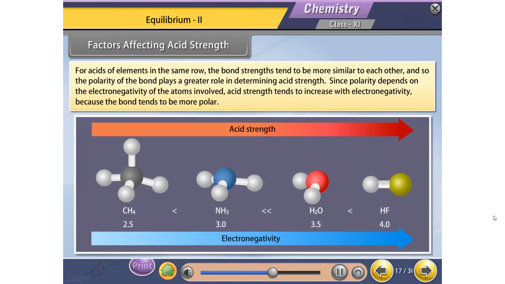For acids of elements in the same row, the bond strengths tend to be more similar, so the polarity of the bond plays a greater role in determining acid strength. Since polarity depends on the electronegativity of the atoms involved, acid strength tends to increase with electronegativity because the bond is more polar.